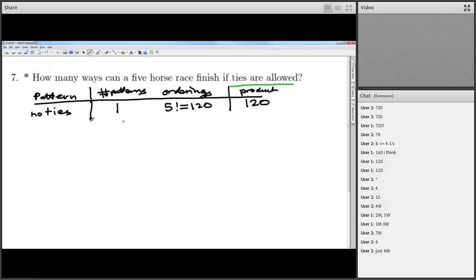But there are other sorts of patterns we can consider, where we're going to have some sort of ties. So you can rattle off one. How else can you have some sort of pattern? Then we'll try to split up that case. Each case you present has to be different to all the other ones.